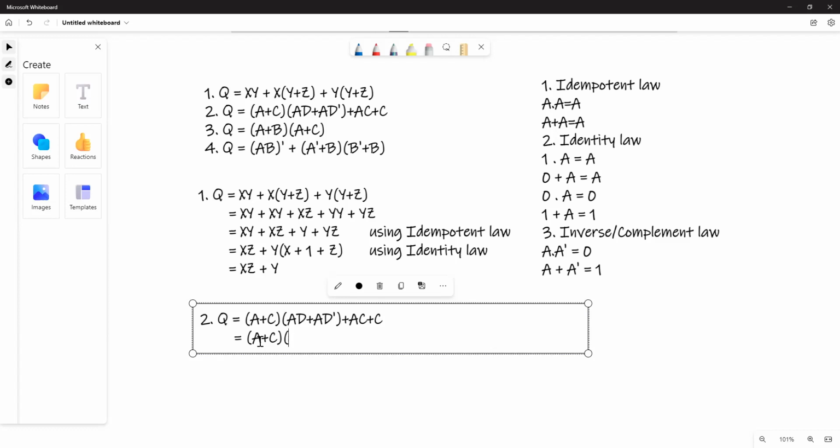I will take out A. Then what will happen? We will take D plus D bar we'll get.